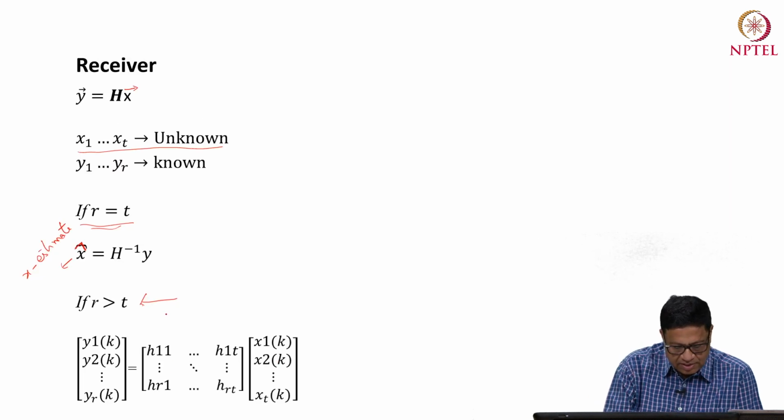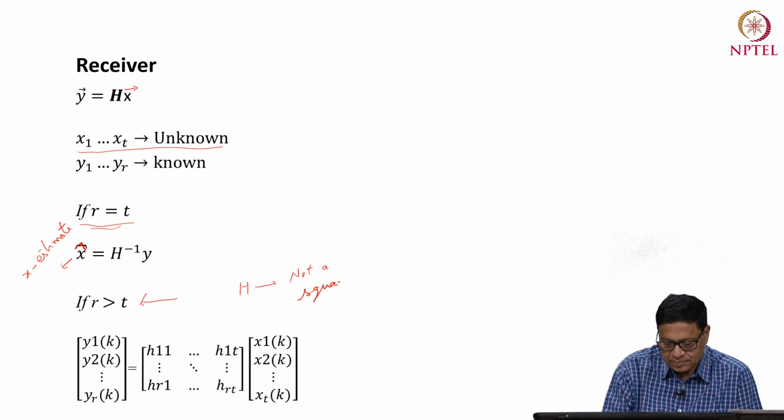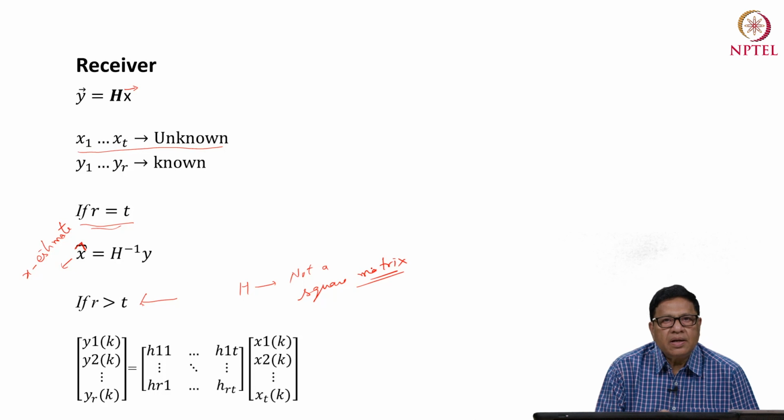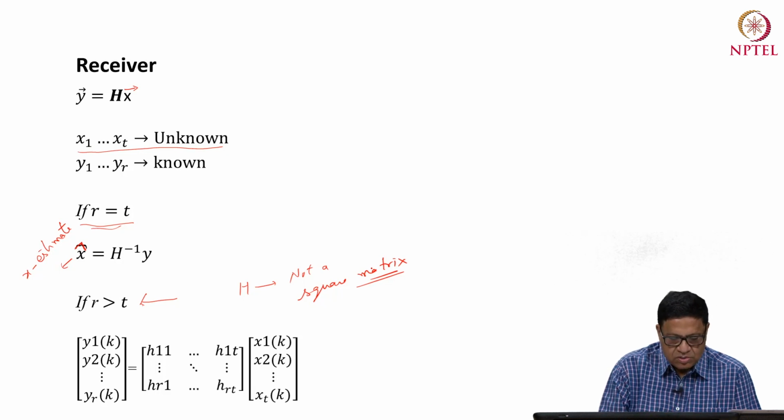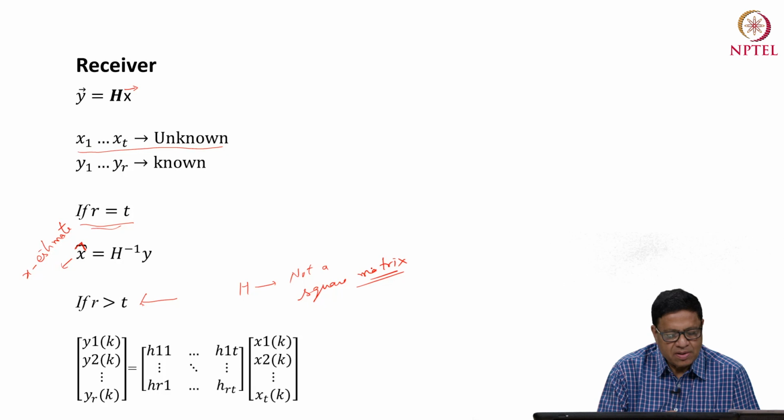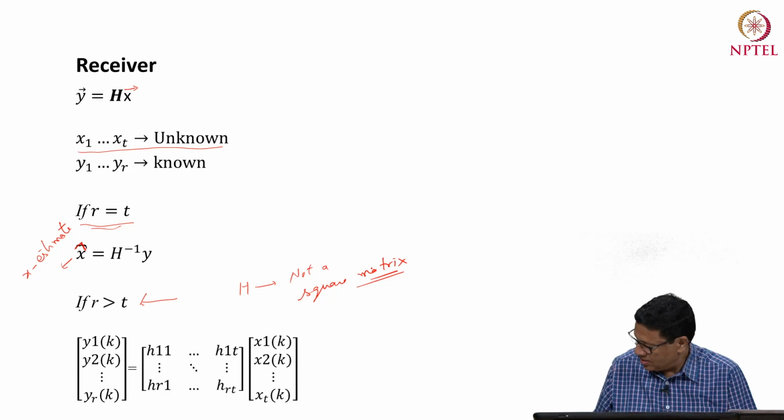If R is greater than T, then H is not a square matrix, and taking the inverse of a non-square matrix is difficult. Sometimes it is not possible. So how do we handle such a situation when the number of receivers is greater than the number of transmitters? When R is equal to T, it is a square matrix and we can always find the inverse. But it is difficult when R is greater than T.